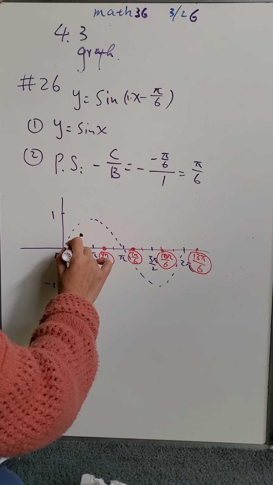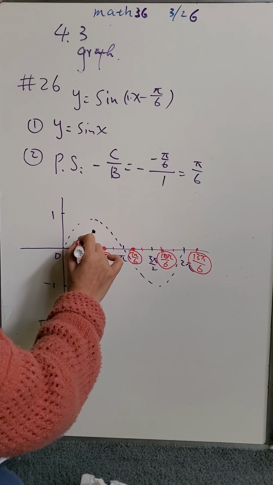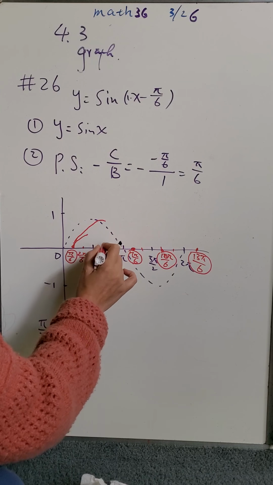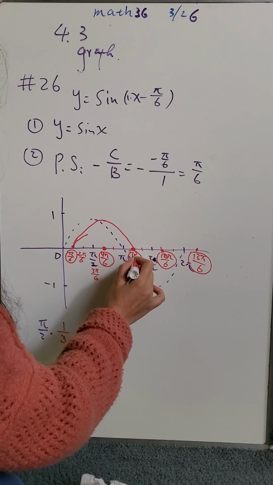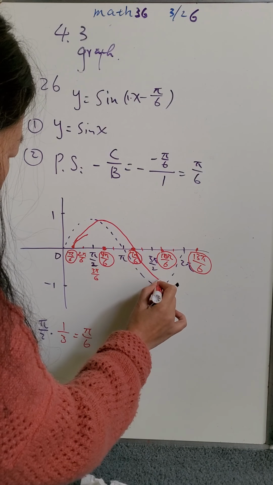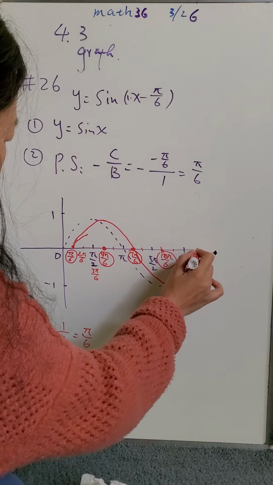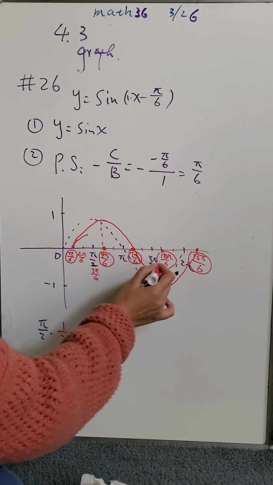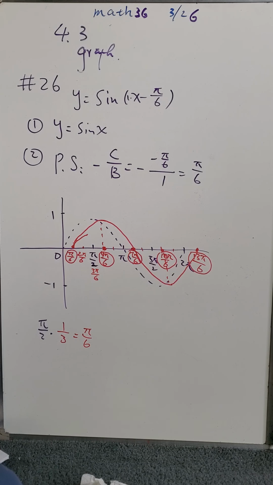So these are your new scale. Now you get the graph. Each portion is one quadrant. This is quadrant 1, quadrant 2, quadrant 3, so make sure you light them up, and then quadrant 4. So that's how you do it if you have phase shifting.